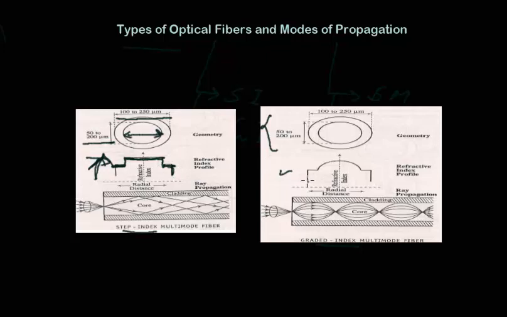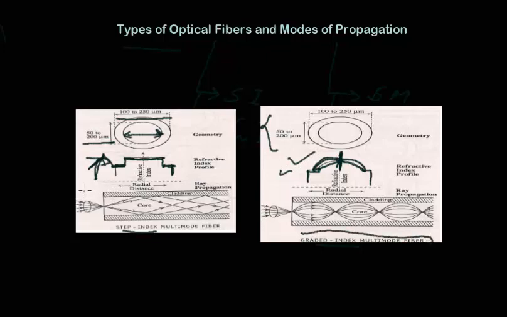But here the refractive index of the cladding is uniform throughout the cladding, but the refractive index of the core is not uniform. So when we start moving from the central axis towards the core-cladding boundary, we'll see that the refractive index is decreasing on both sides. So the refractive index is not constant or uniform throughout the core. In this case, graded index multimode fiber.